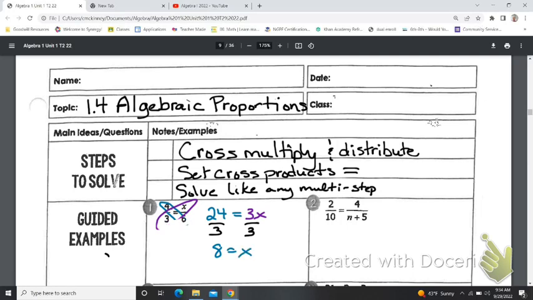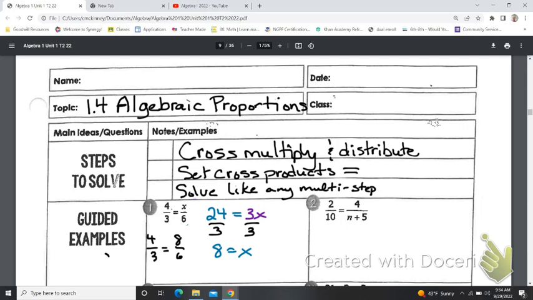Like any equation, you could plug it in to make sure that it works. 4 over 3 is equal to 8 over 6. And we can see that those are equivalent fractions because the one on the left is just multiplied by 2 to get to the one on the right, numerator and denominator, so it checks out. Or another way to check is once you have it to this point, take the top number, divide it by the bottom number.